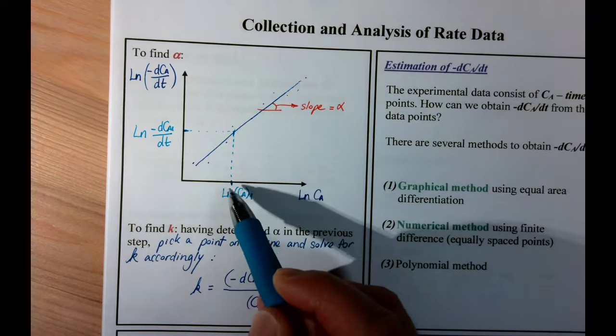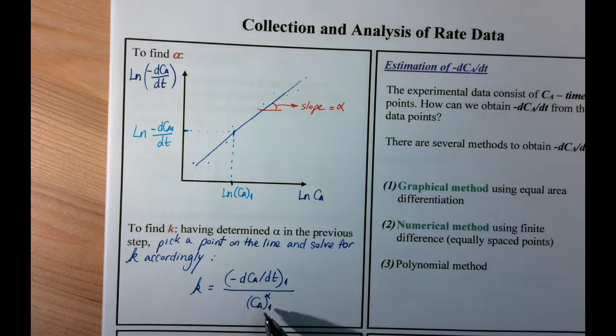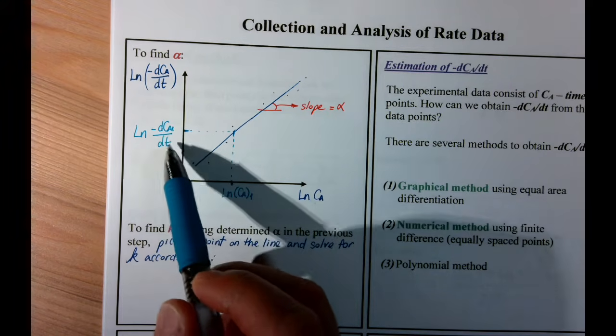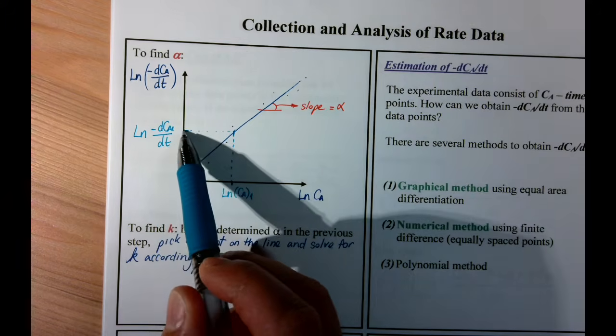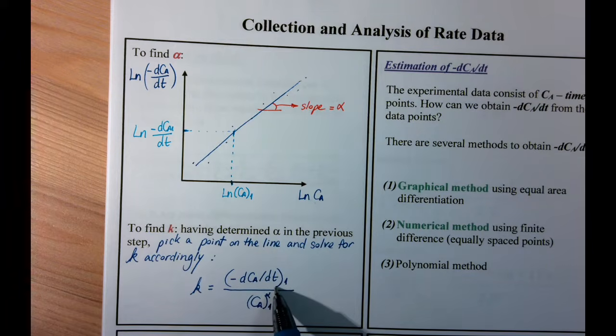And these two values, for that CA1, I already have the alpha that I've determined from the slope. I'd plug that in here. I have the natural log from the graph. I'd from there calculate minus dCA/dt for that point, put in that number here, and solve for k.